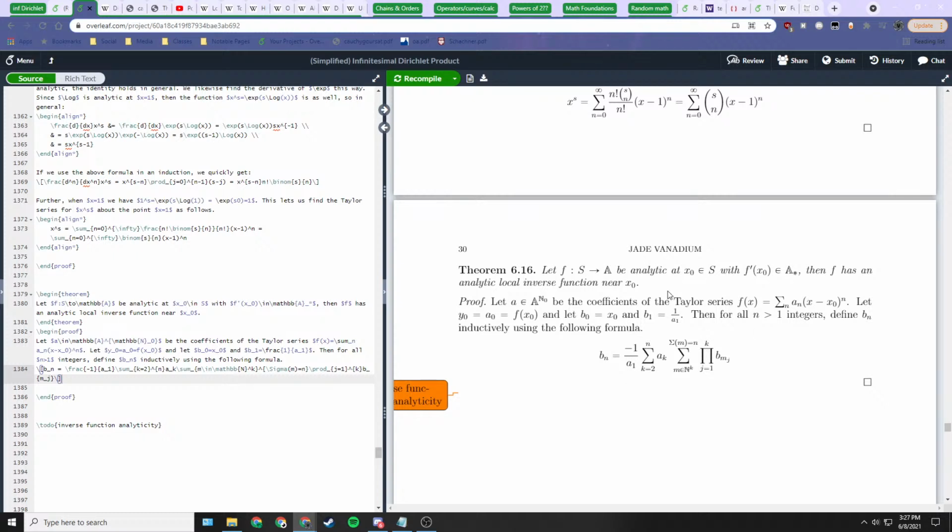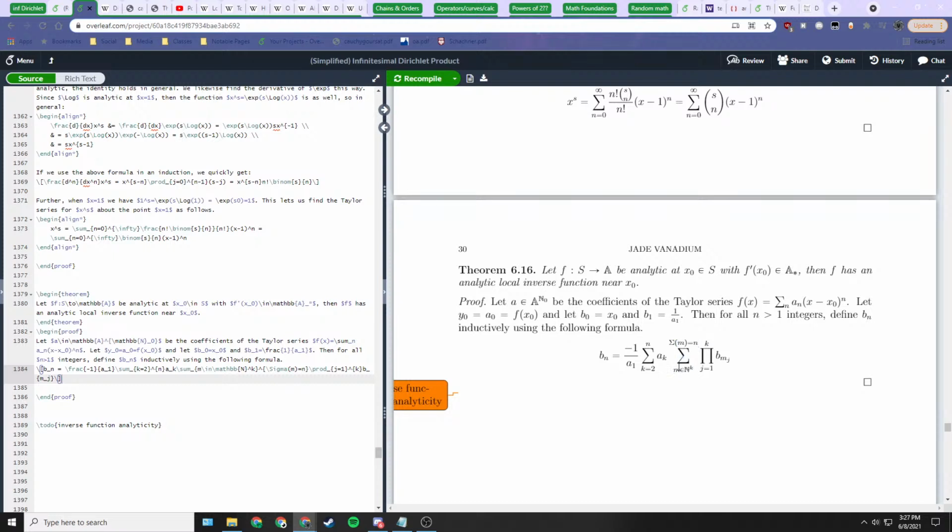Just to be clear, a sub 1 is actually f prime at x0. Because f prime at x0 is a unit, we can take this reciprocal. Okay, so we have this summation across this particular lattice.